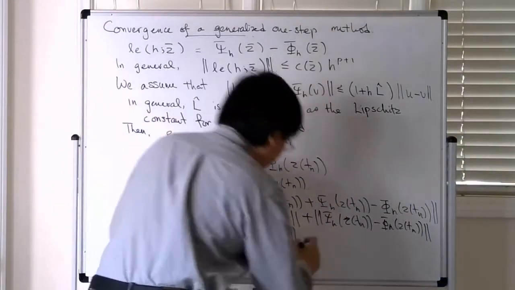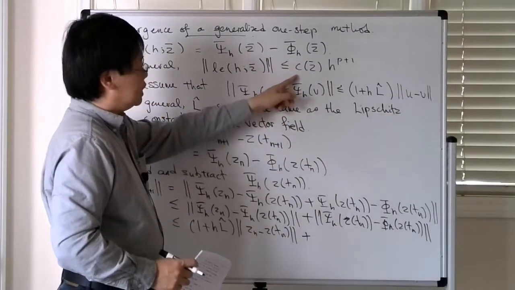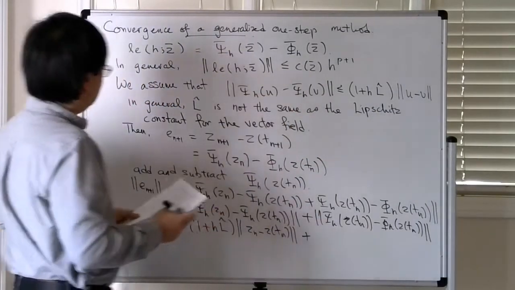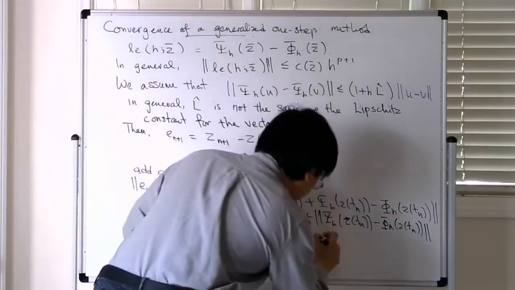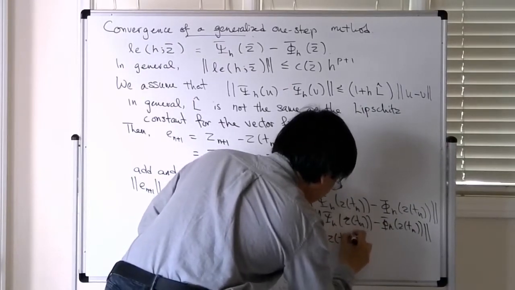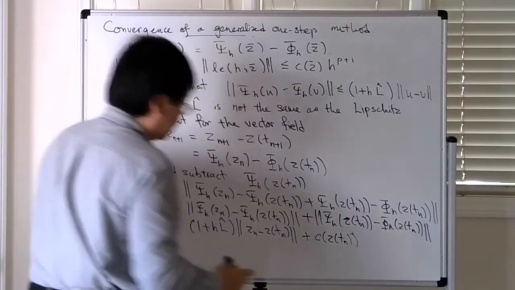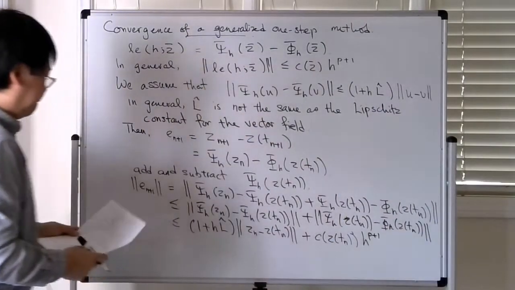Okay, and then you have this term here, which involves essentially evoking the local error estimate. So this is C(Z(tn)) h to the p plus 1.